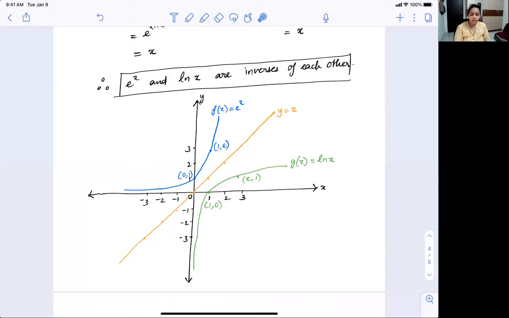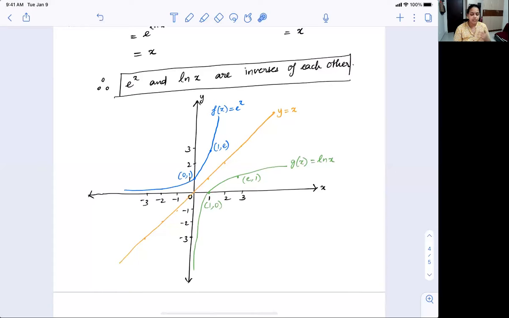Now, let me plot e power x here, then the y equals x line in the middle, and then I'm plotting ln of x here. Notice how e power x and ln of x are symmetric about the y equals x line. You see how e power x cuts the y-axis at (0, 1), and ln x cuts the x-axis at (1, 0).